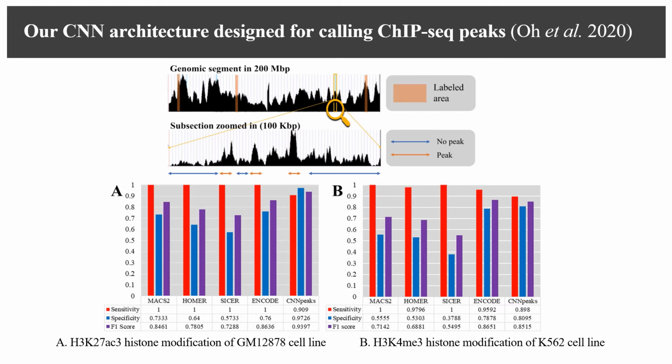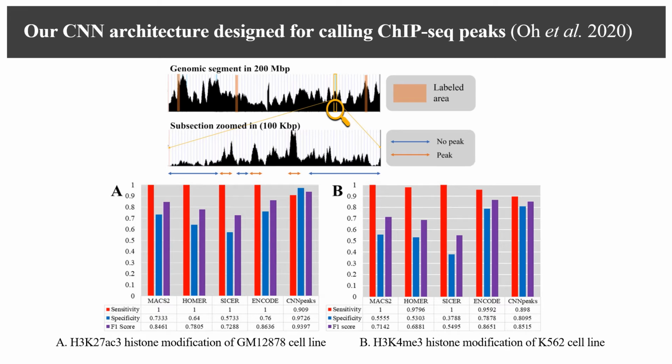Unlike the GM12878 cell line that is known to have a relatively normal karyotype, the genome of the K562 cell line has more complex karyotypes due to the frequent abnormal structural variations. For this reason, calling peaks in the K562 cell line data is more challenging than in the GM12878 data.